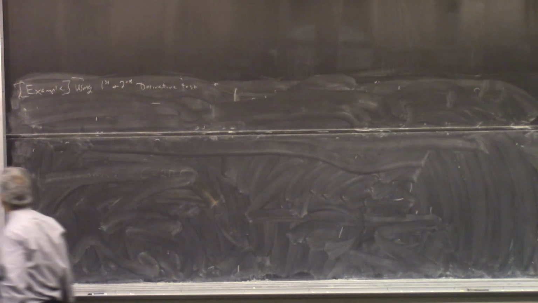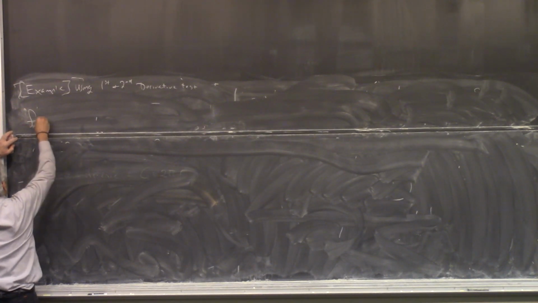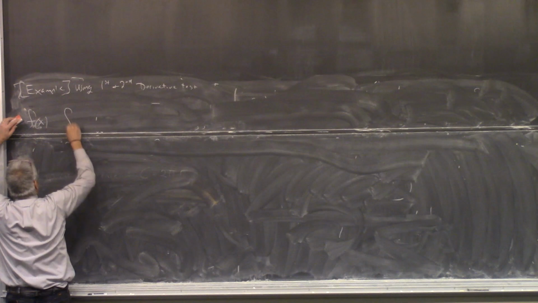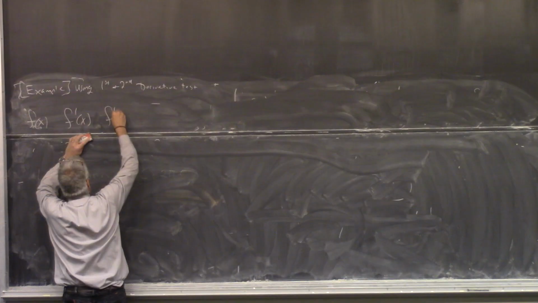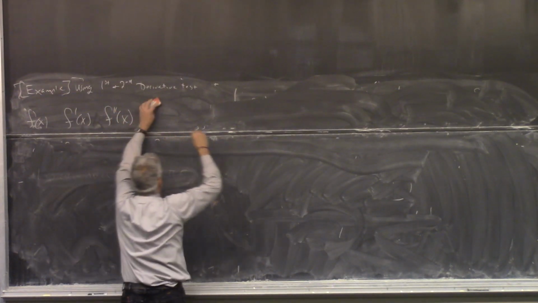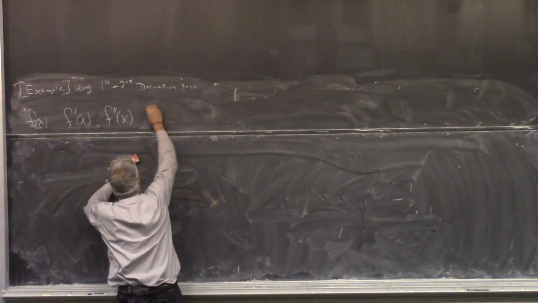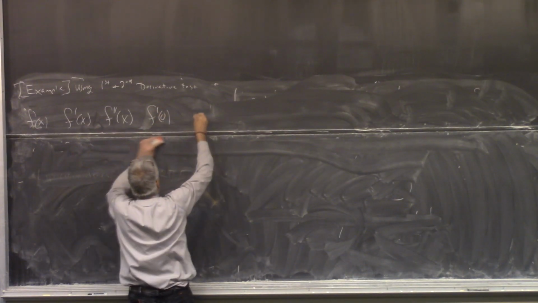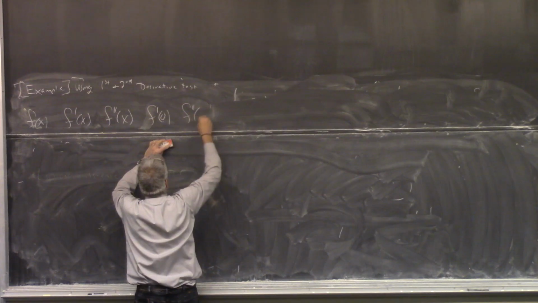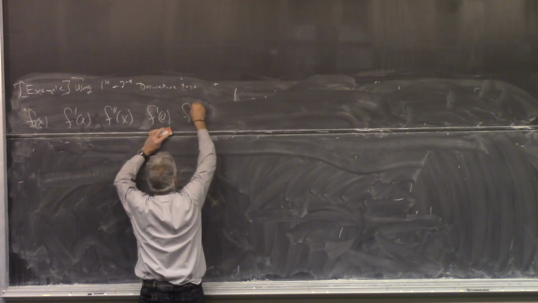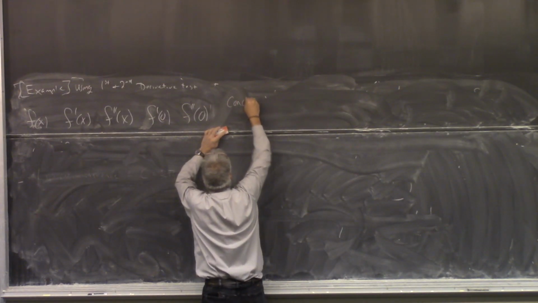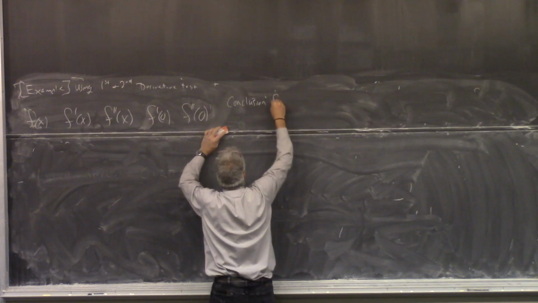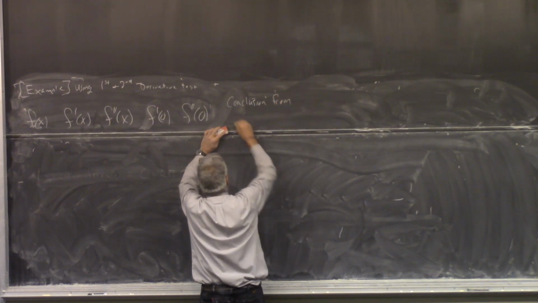In the first column, I'm going to have f of x, then a column for f prime of x, a column for f double prime of x, a column for f prime at 0, a column for f double prime at 0, and then a column for the conclusion from the second derivative test.